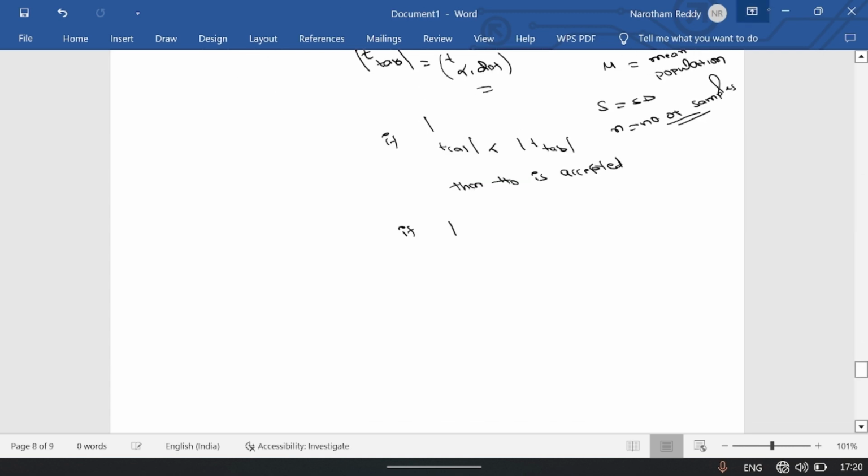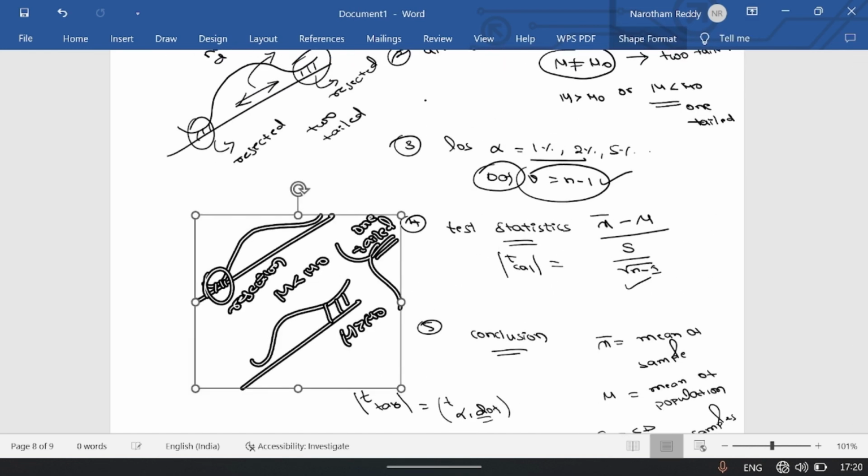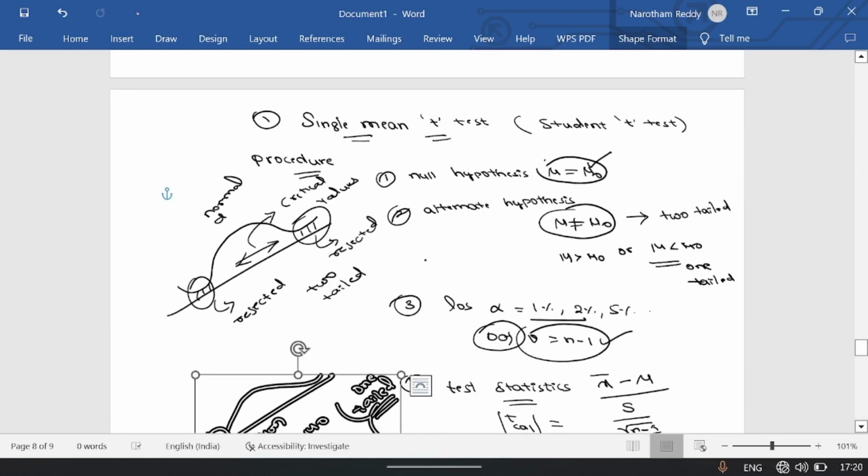If T calculated value is greater than T tab value, then H naught is rejected. This is the process of the single mean t-test.